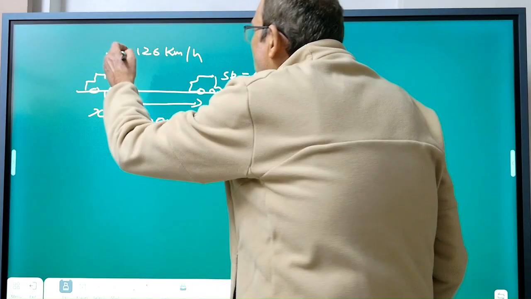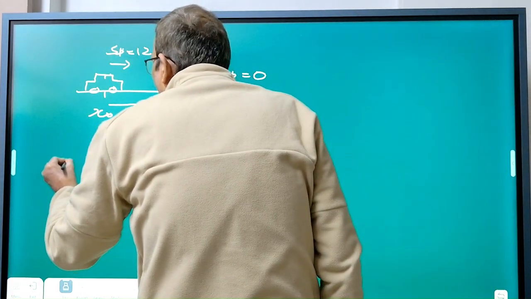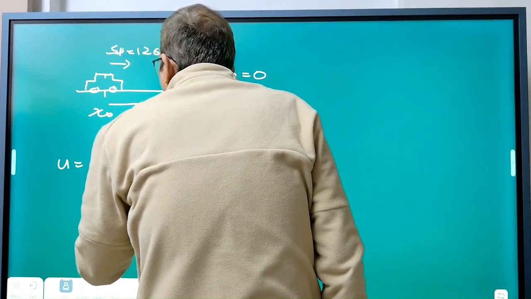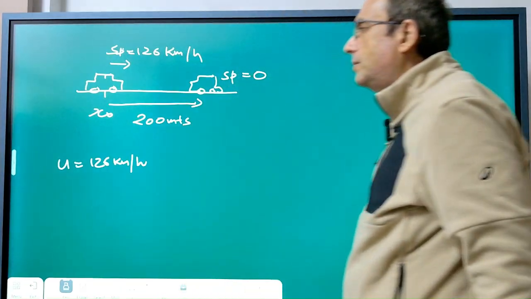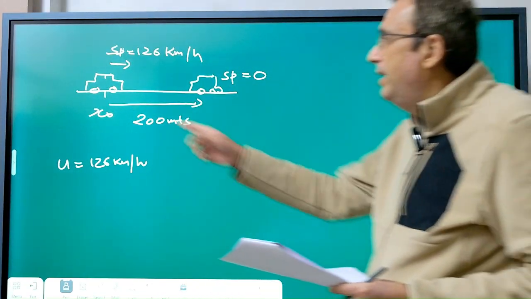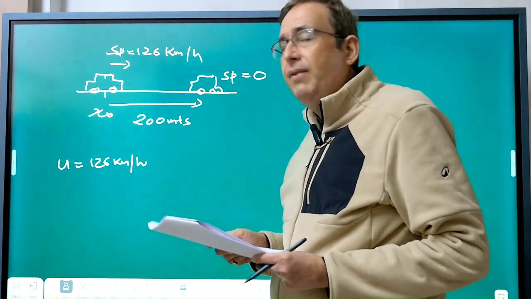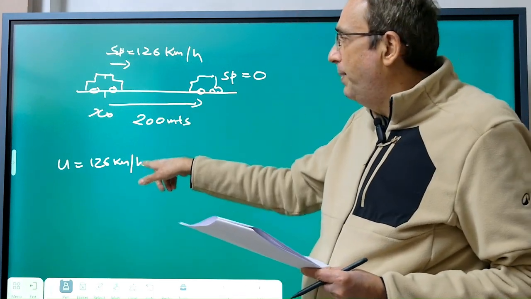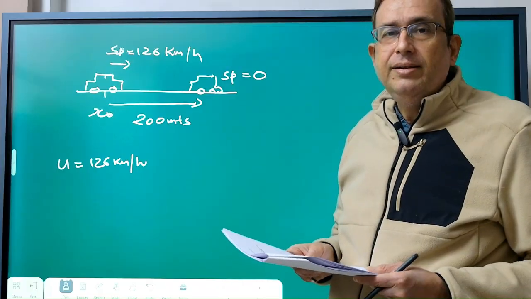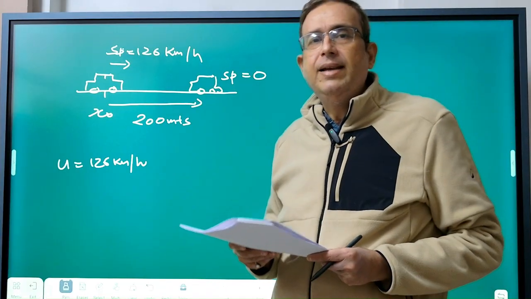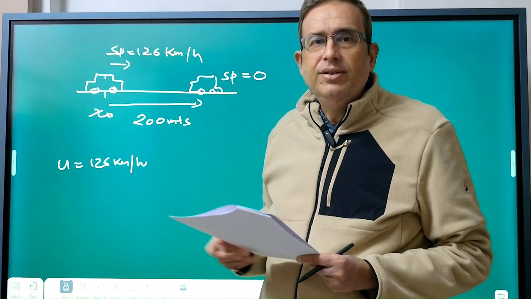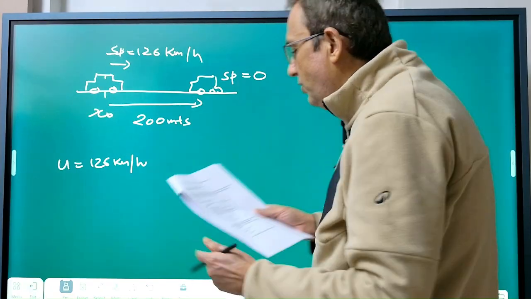So first of all, you know that the initial velocity u is 126 km per hour. And since the displacement is given in meters, you have to change the units. This is in kilometers per hour and the displacement is in meters. So the displacement is in SI units, and u is not in the SI units. So you change it.